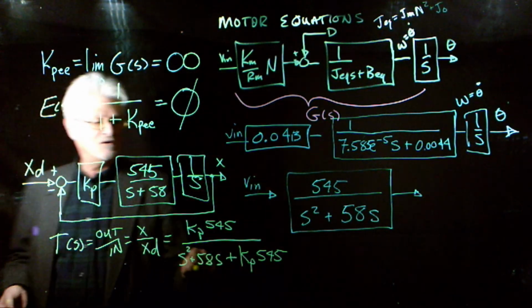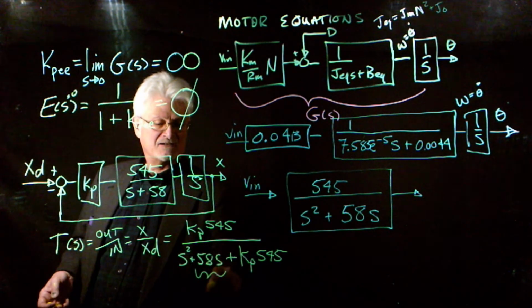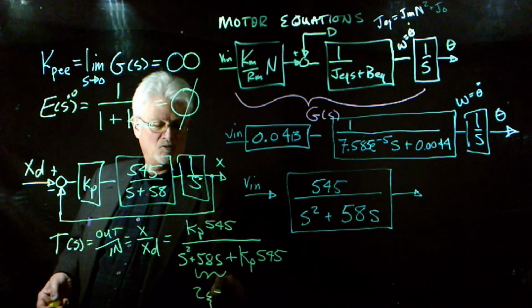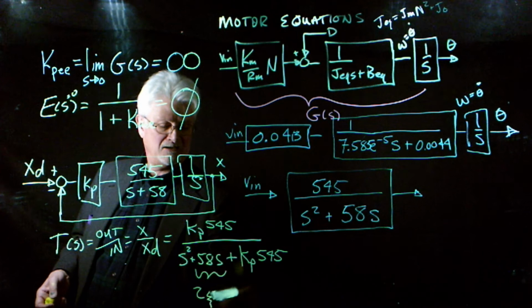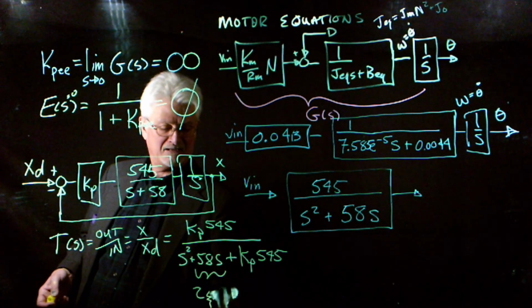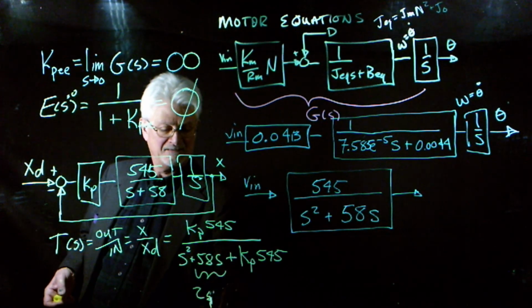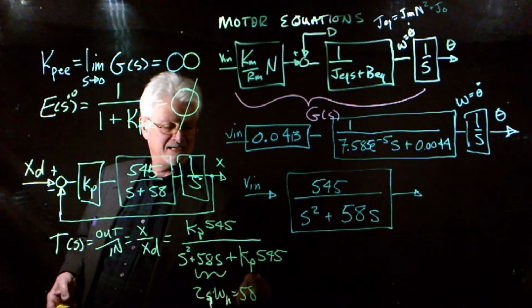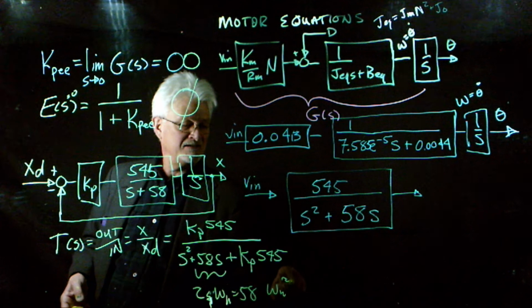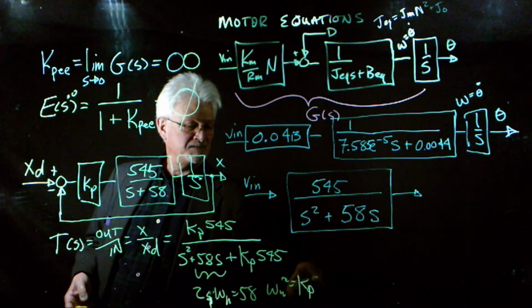Right? And so what we also know is that right here, 2 zeta omega n is equal to 58, and omega n squared is equal to Kp times 545.